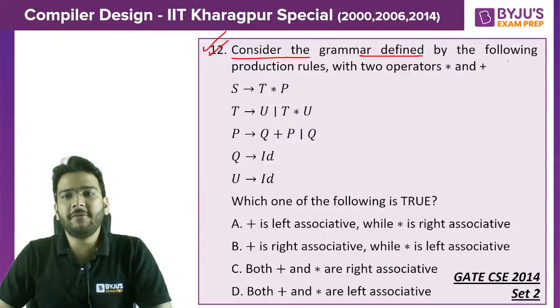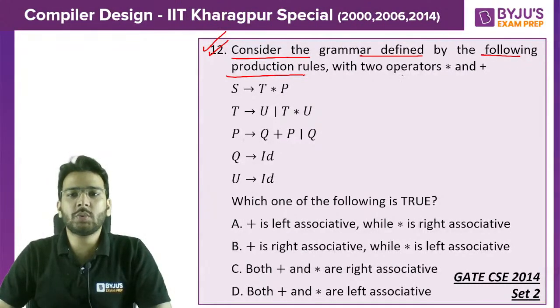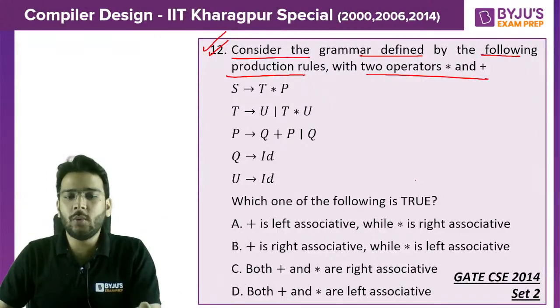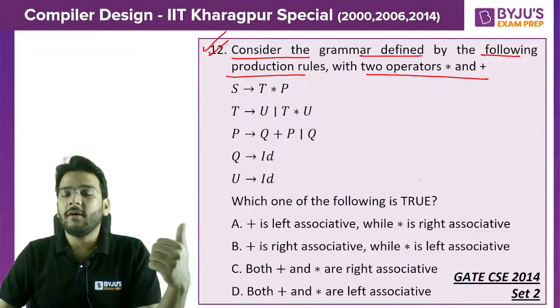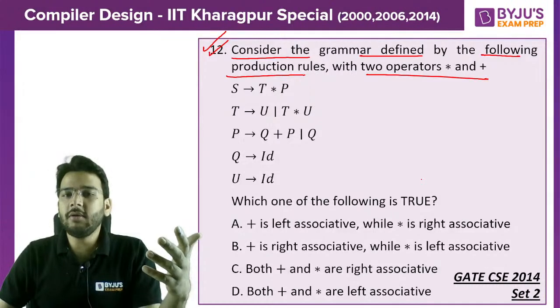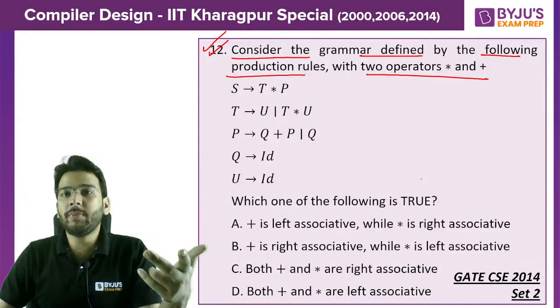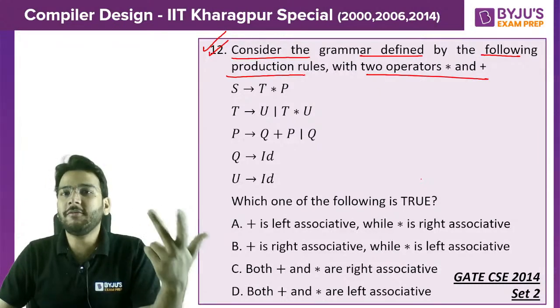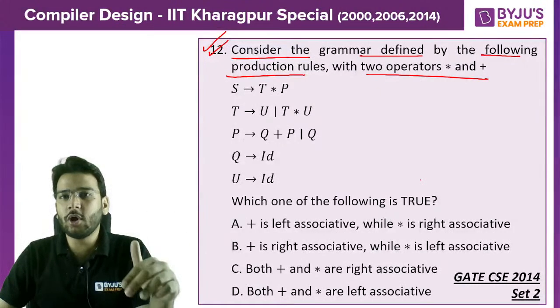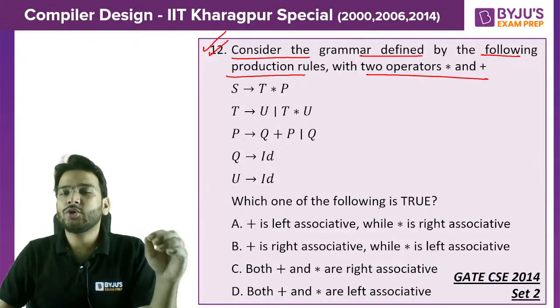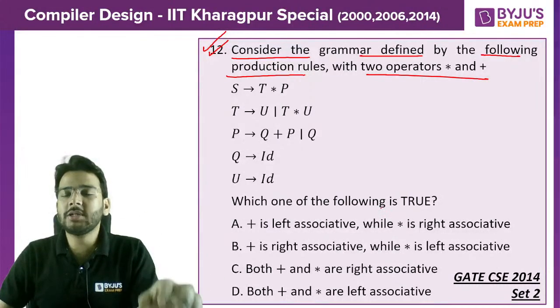Consider the grammar defined by the following production rules with two operators, star and plus. We just have to find out their associativity. When we talk about associativity, we are talking about the same operators. When we talk about different operators, then only we talk about precedence. Now here it is asking about the associativity. So we can identify on the basis of whether there is a left recursion or right recursion.